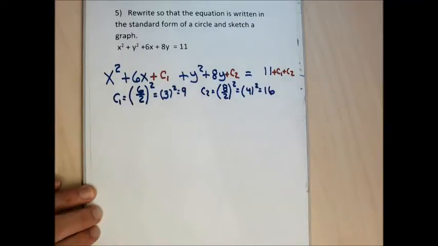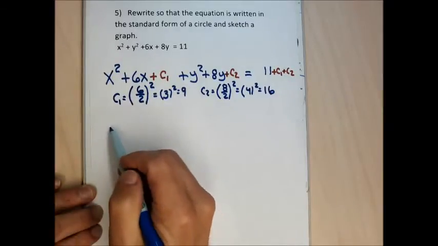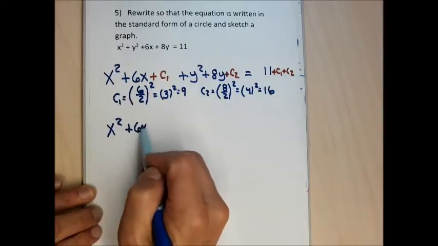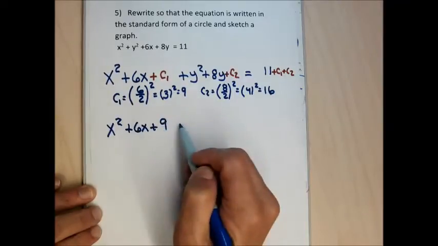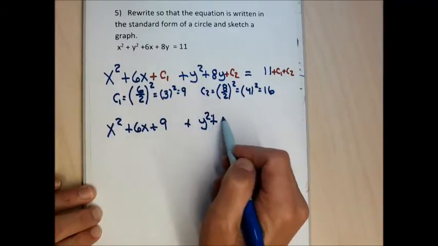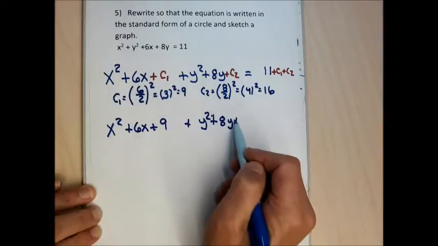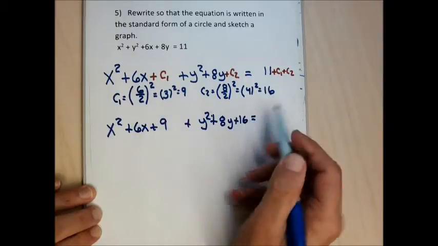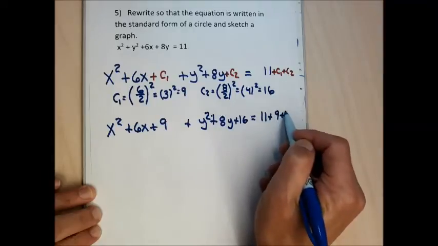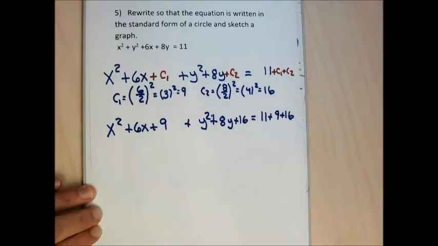So I'm going to rewrite the left-hand side and get rid of those c's. I'm going to change the first c to a 9, and I'm going to change the second c to a 16. And on the right-hand side, I'm going to add the 9 and the 16 after the 11.